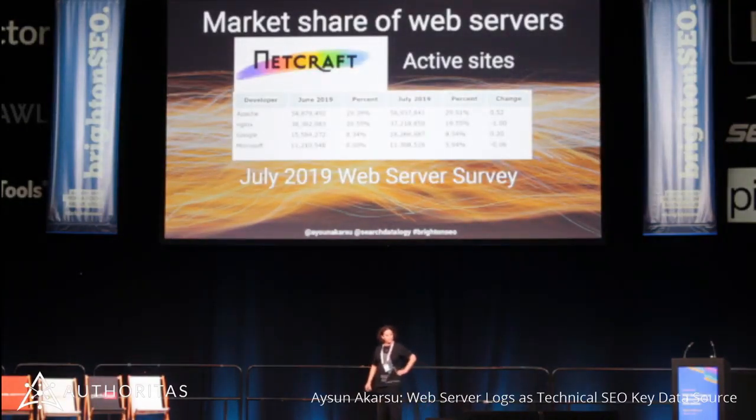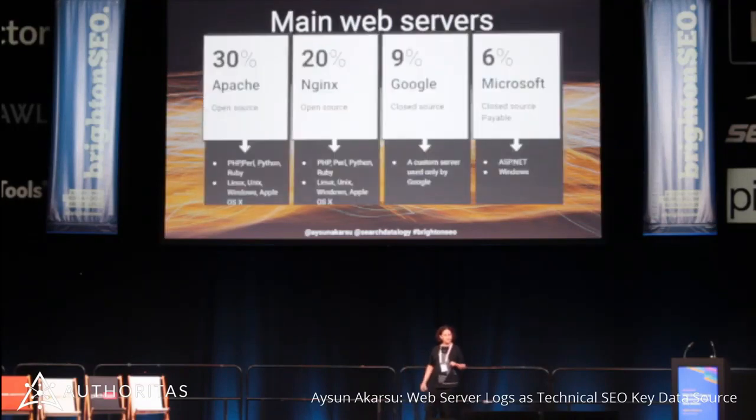It is important to know the main web servers today. Netcraft surveys web servers, and according to a recent survey, there are 4 main web servers: Apache, Nginx, Google, and Microsoft's IIS. If we take a close look at these web servers, we see that Apache and Nginx are open source.